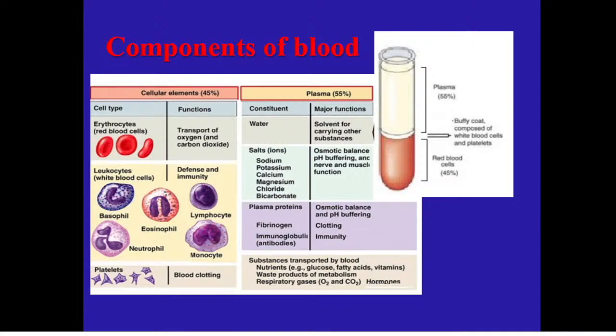Plasma, nearly 55% of the volume of blood, is represented mainly by water. But we all know that blood is thicker than water. Many salts are dissolved in our plasma, mainly sodium, potassium, calcium, magnesium, chloride, and bicarbonate.